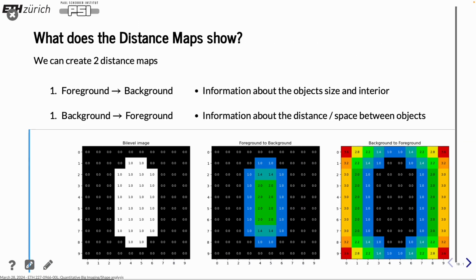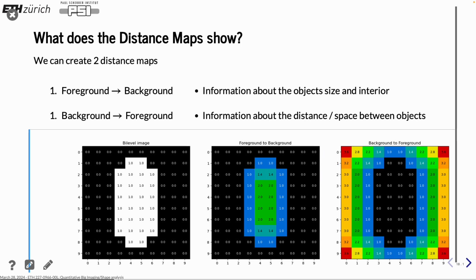And what it shows, we can actually create two different types of distance map, one going into the object and one going away from the object. If you look at this bi-level image, some kind of an ellipse, then you can see what it looks like when you are going into the foreground and see the distance, or the other way around, the distance from the object.